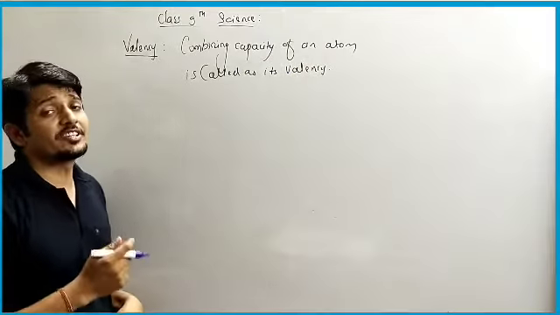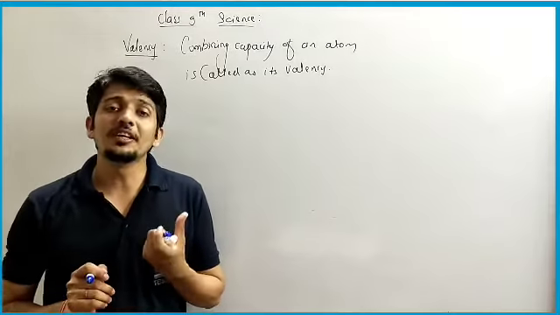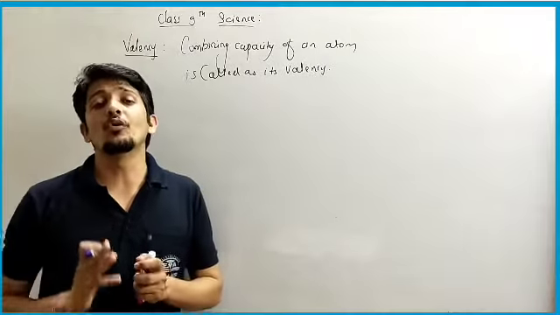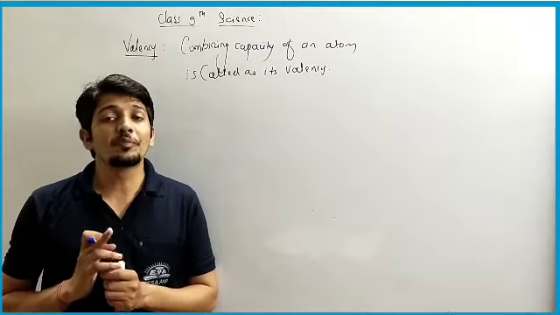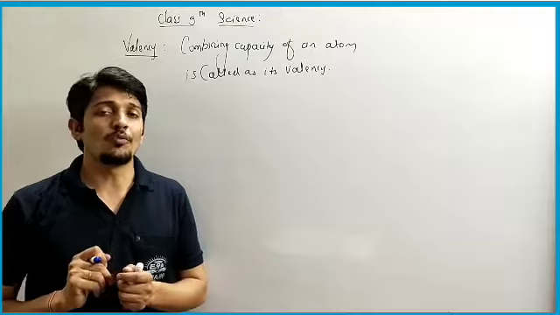And how is valency determined? Valency is determined on the basis of the electronic configuration of an atom, or we can say the number of electrons present in the valence shell of an atom.